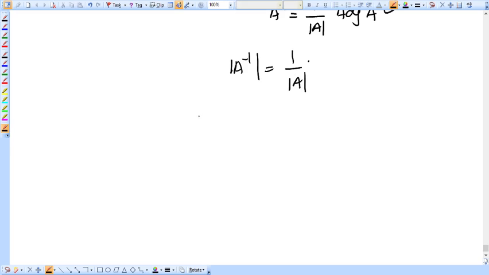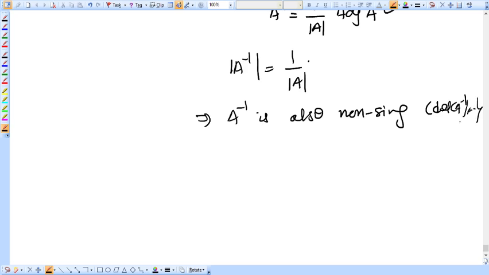So this implies A inverse is also non-singular, that is, the determinant of A inverse is not equal to 0, and A inverse A is equal to I equal to A A inverse.